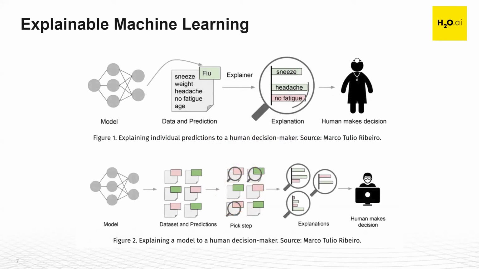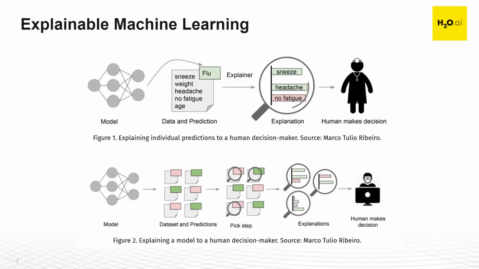Let me use two very simple examples here. The first one is on the top. It's about explaining just one individual prediction to other human beings. For example, you have a model predicting whether patients have flu or not. We have features like whether he or she sneezes, the weight, and whether he or she has a headache. We use those to build a model, and we predict that this patient has flu. But sometimes this is not enough. Sometimes we want to take this model to the next level, which includes explanations of the model.